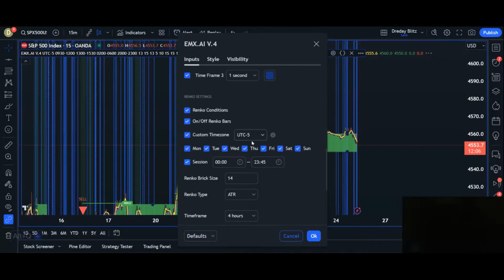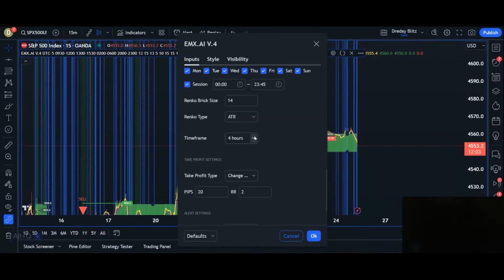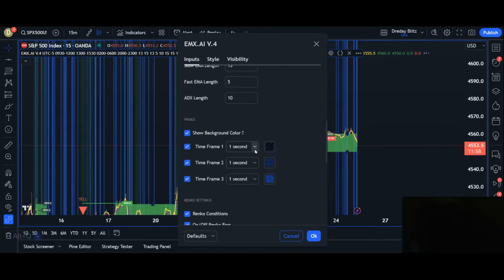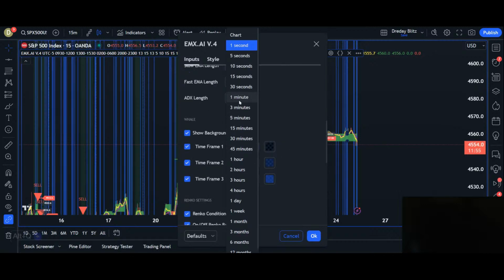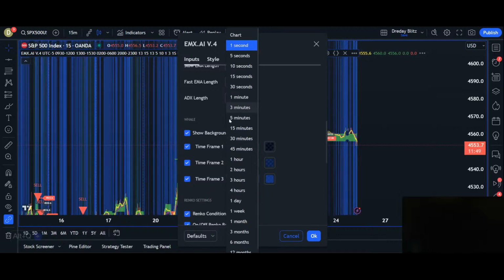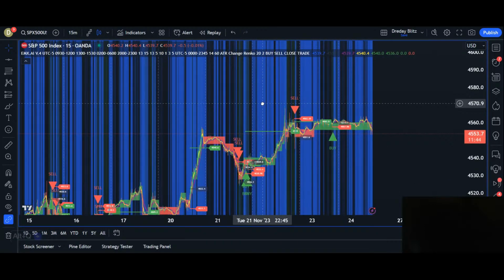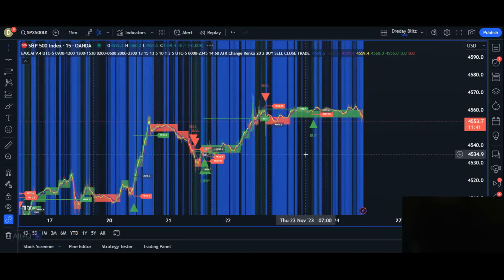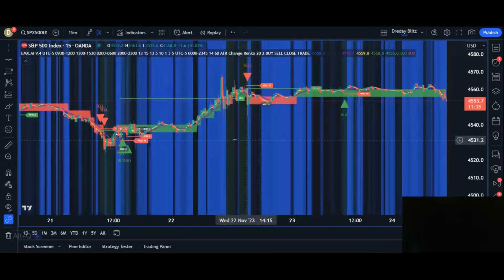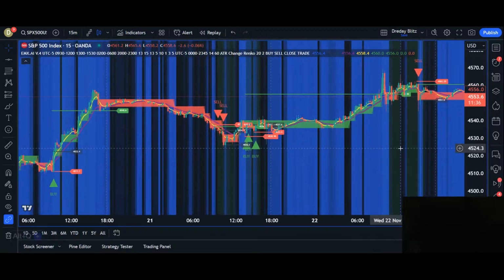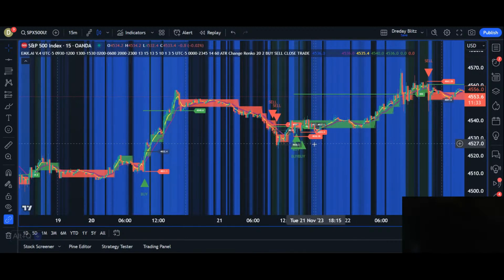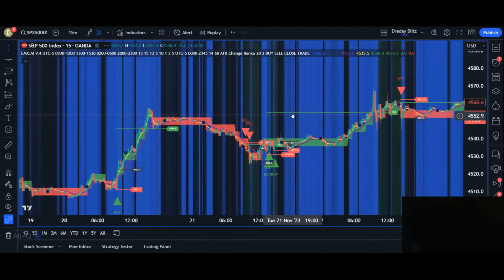Okay, so that's better. So we had a bullish movement here on Tuesday on US 30, S&P 500.